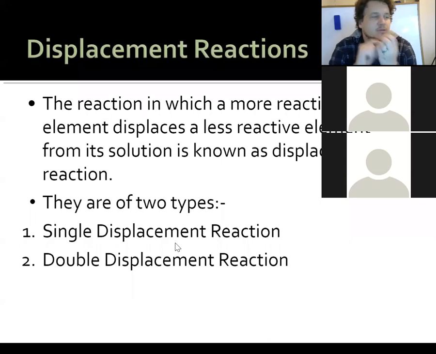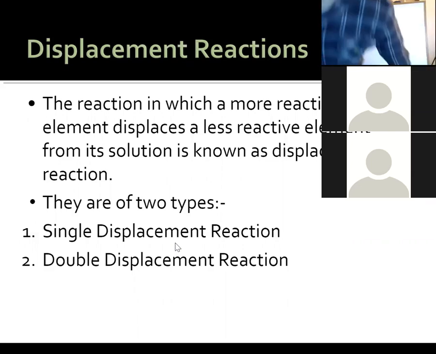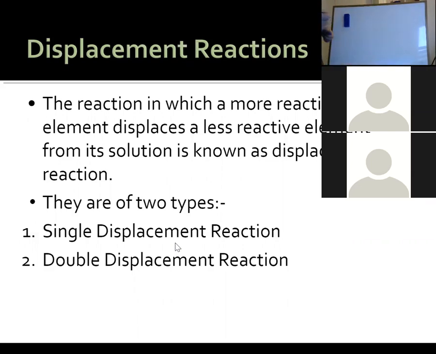So we have displacement reaction. This is when a more reactive element comes in and takes the place of a less reactive one. A quick demonstration on how you can tell which is the most reactive. So, periodic table: most reactive element, fluorine, least reactive, francium.